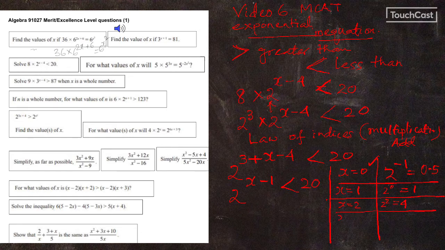Now x equals 3. 2 to the power 3 is 8, still less than 20. x equals 4. 4 minus 1, so that'll be 4 minus 1. I think I have done something wrong with this one.